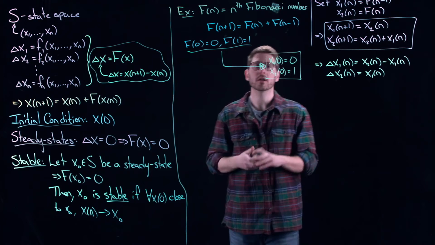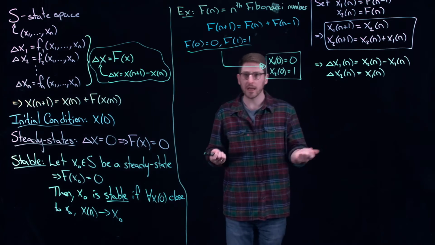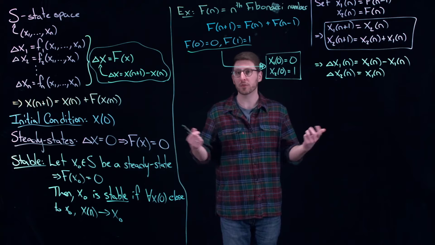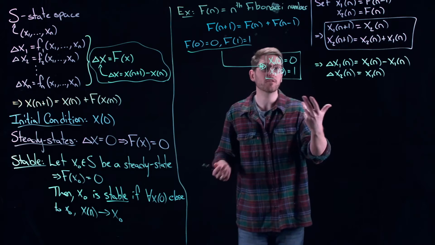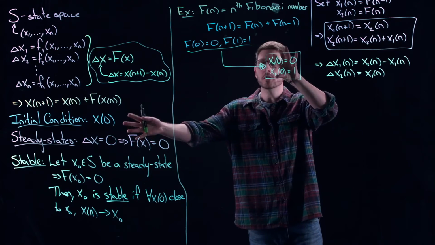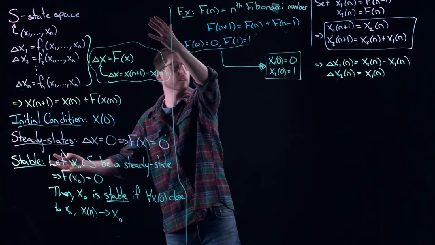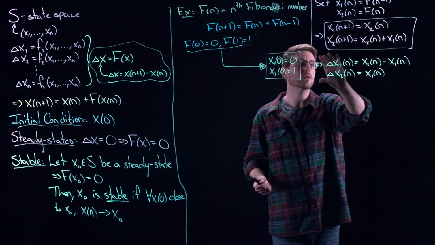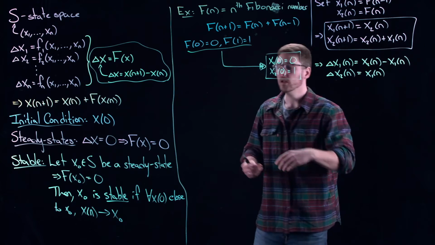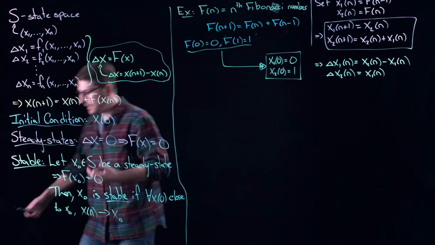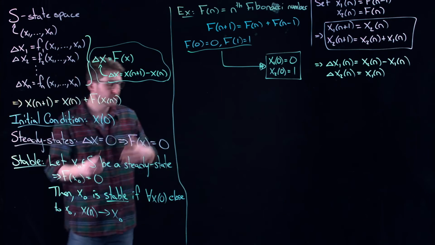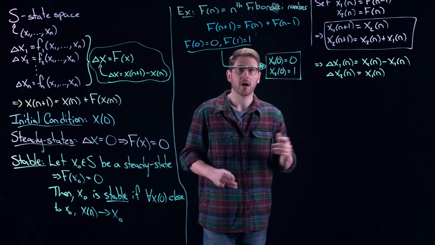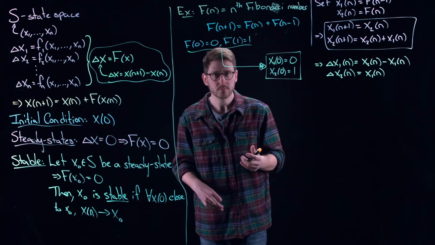Maybe you wanted to start with 5 and 10 or -2 and 3. Those are perfectly valid, just different initial conditions that completely fit into this framework. The only thing you need to do is use this update rule or change rule, and that will generate a sequence for you according to the same rules that Fibonacci abides by.